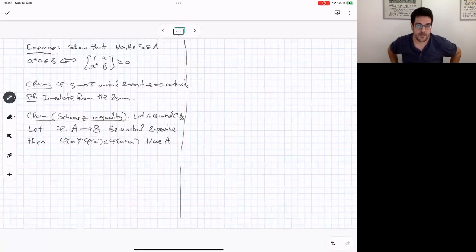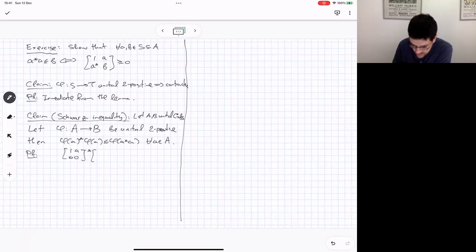So proof. Here I'm going to use the exercise. So we know that the matrix 1, A; A star, A star A, which is the product of the matrix (1, A; 0, 0) star with (1, A; 0, 0), is greater than 0.